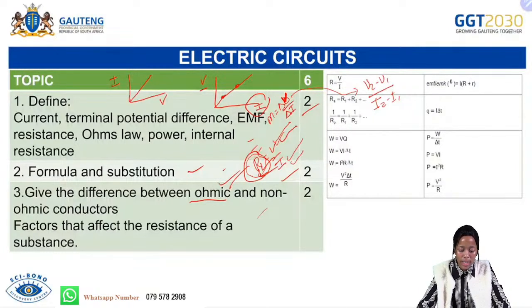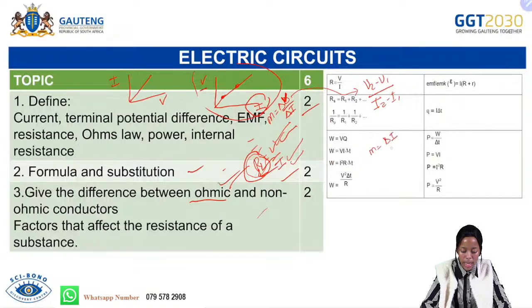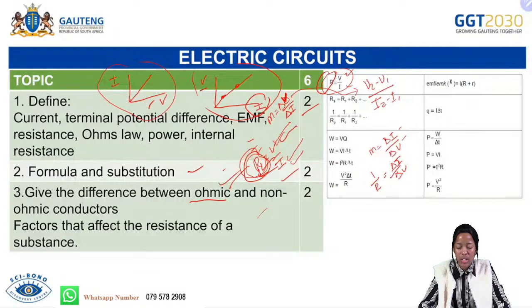So for this one, the gradient is given by change in I divided by change in V. According to Ohm's law, we have V over I, and according to this graph, we have I over V. It therefore means that for this graph, the gradient will be equal to 1 over R instead of the R that we have on the other one. So 1 over R will be equal to change in I divided by change in V there.